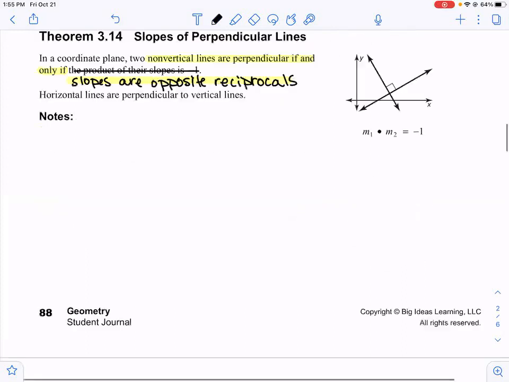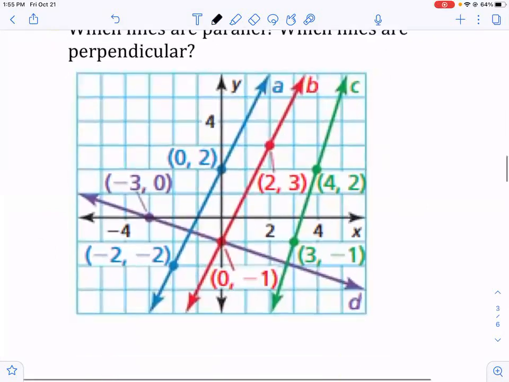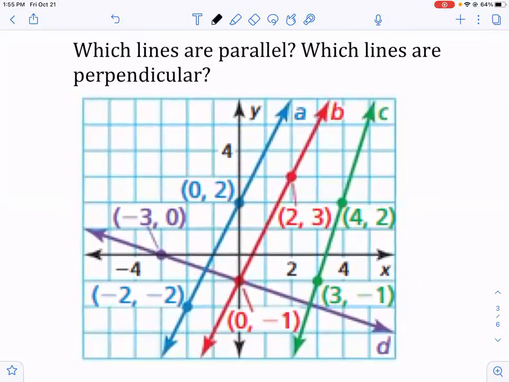So this is what I want you to do. Please, you and your partner, your elbow partner, adopt Serena into your group. There are 4 lines over here. Which ones are perpendicular? Which ones are parallel?